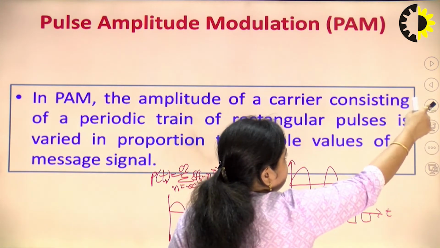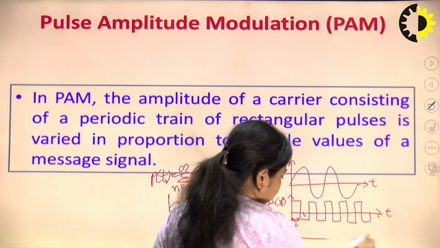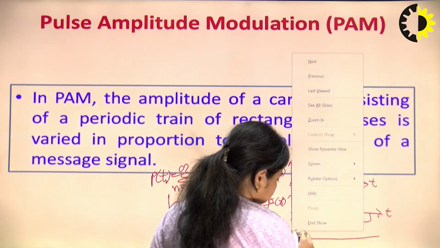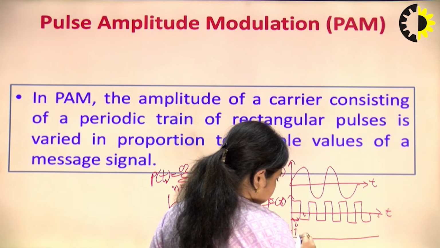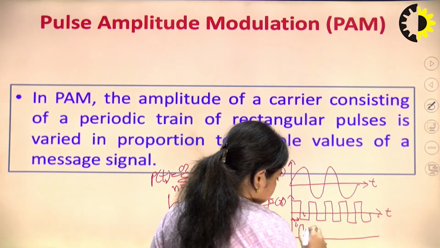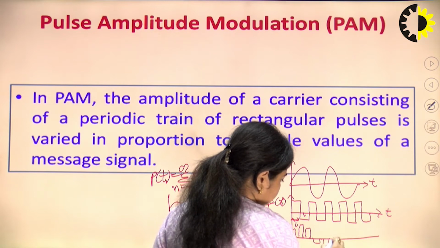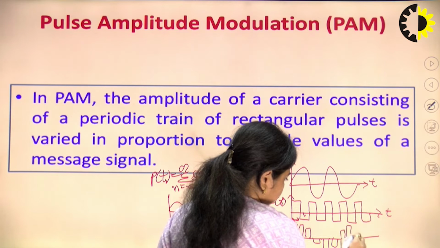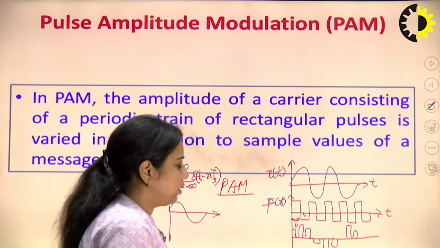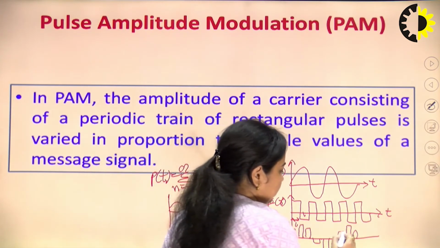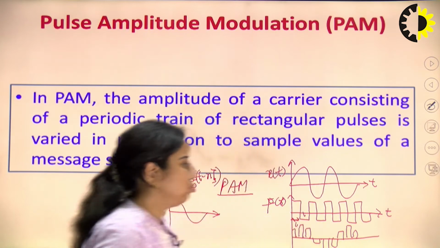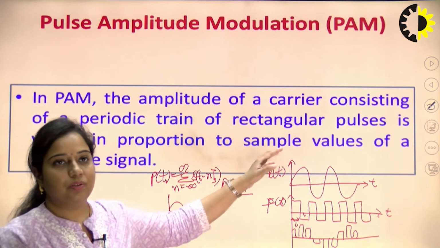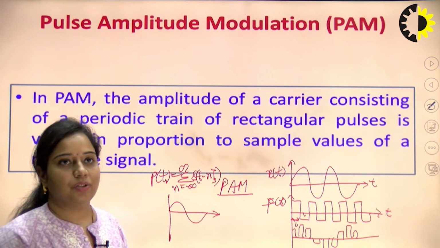You can also draw it like so. This is how you can see that the amplitude of this carrier signal is changed proportional to the amplitude of this message signal. So this is the pulse amplitude modulation concept.